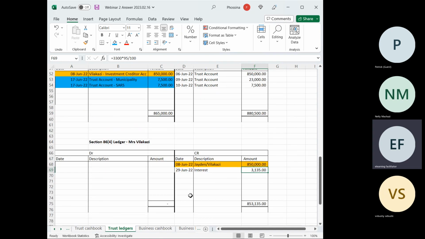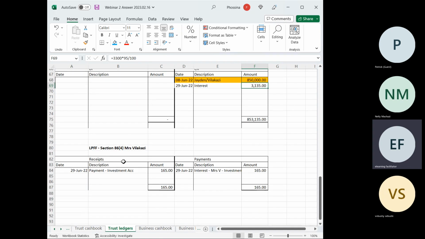Then we also have to open an account for the Fidelity Fund, where we show that they are also receiving 5% of the money. So the interest is received in the ledger account and then split: 5% to the LPFF, 95% to the client.